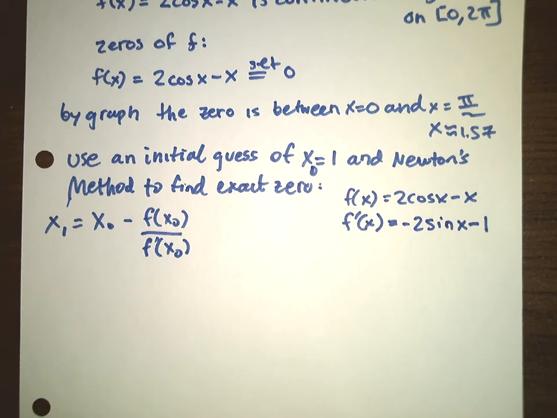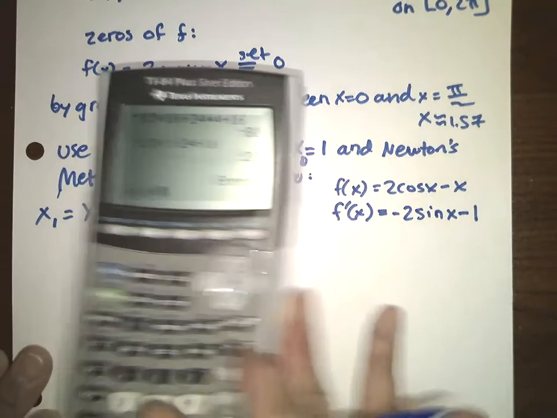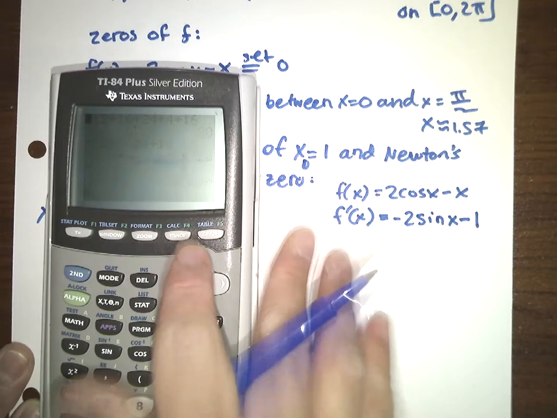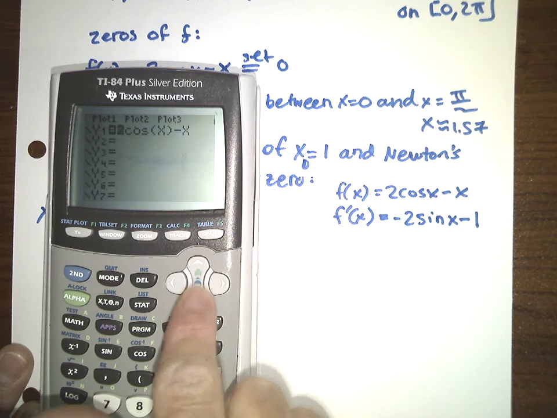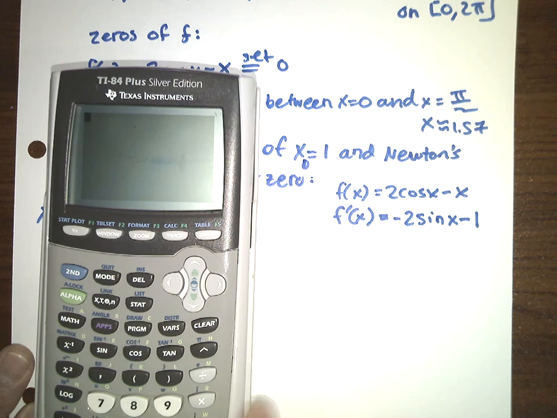So let's use a calculator to do this. What do we have here? The function was 2 cosine of x minus x, and the derivative is minus 2 sine of x minus 1. And then here we go. So we have 1.